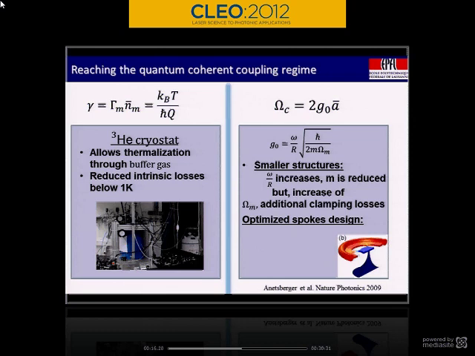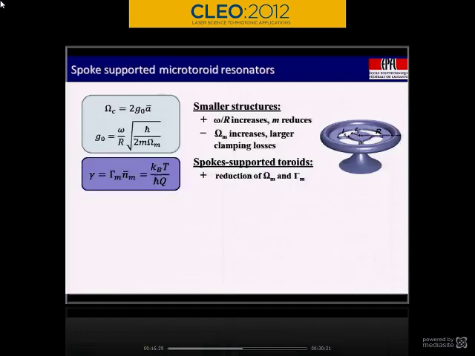The route we have taken in our experiments is twofold. First of all, we've engineered this g0, and so we have made toroidal resonators with spokes. In these structures, you can augment the vacuum coupling rate to quite appreciable levels of about 1% of the cavity line width, so typically about 3.5 kilohertz.